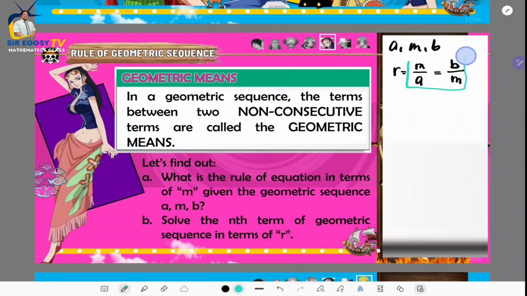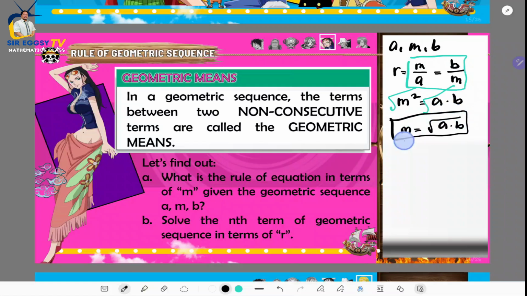Since they are all equal, we can now manipulate this equation by cross multiplication. So you will have m raised to 2, which is equal to a times b, and by square rooting both sides, then you will have m is equal to the square root of a times b.